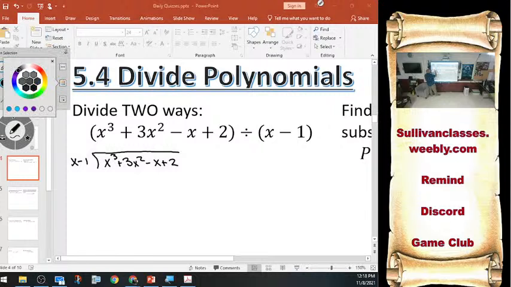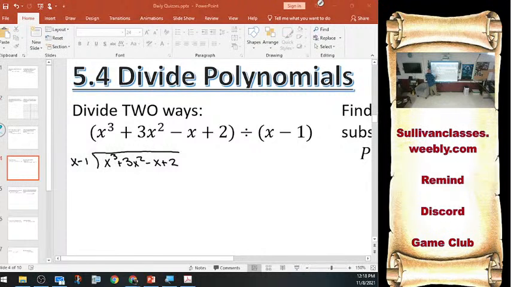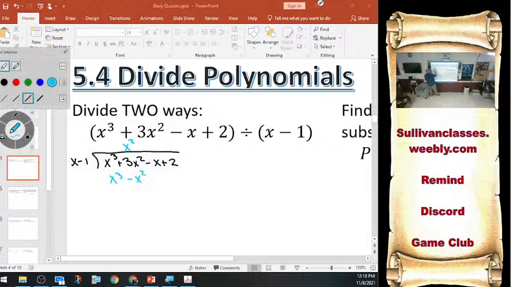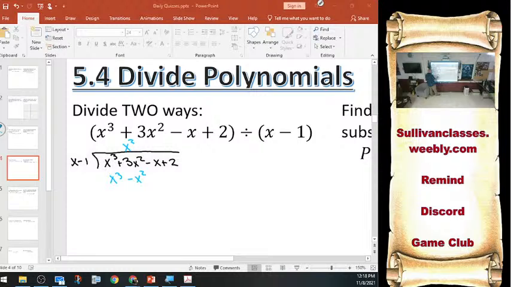And we say from the top, x cubed divided by x. It's x squared. Take x squared times the stuff, getting x to the third minus x squared. Then I subtract it, so I change the signs. Calling it 4x squared. Drop it, a little warm, minus x.